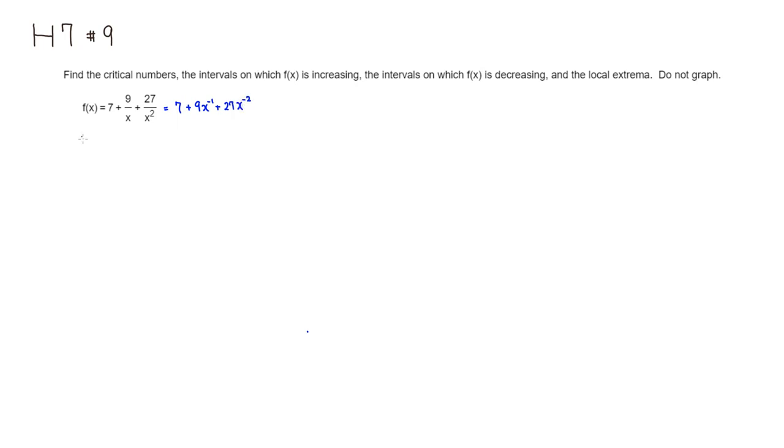Then we can take the derivative. So f prime of x is equal to, the derivative of 7 is 0, and the derivative of 9x to the negative 1 is negative 9x to the negative 2. The derivative of 27x to the negative 2 is negative 54x to the negative 3.